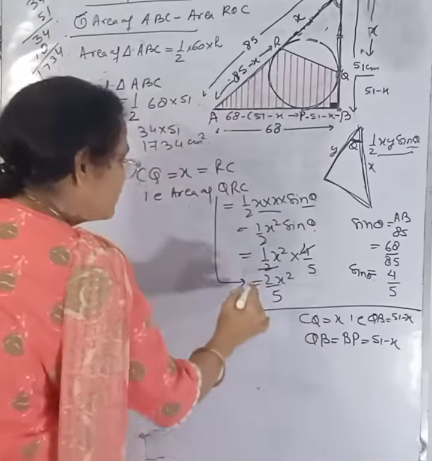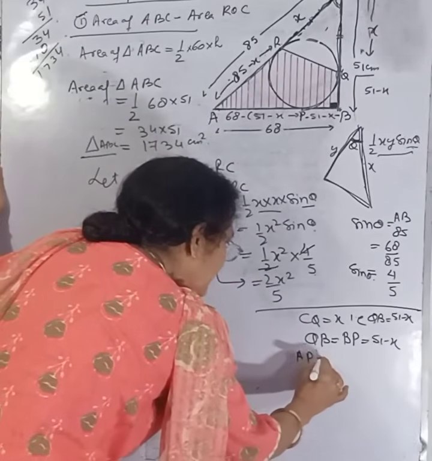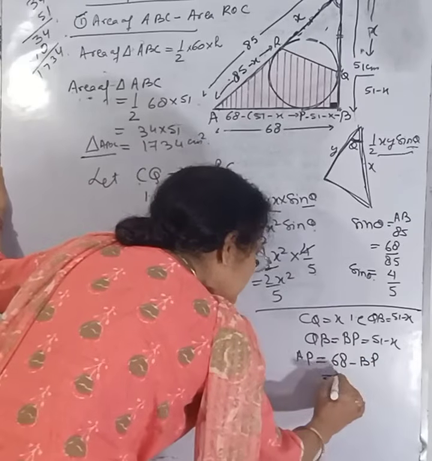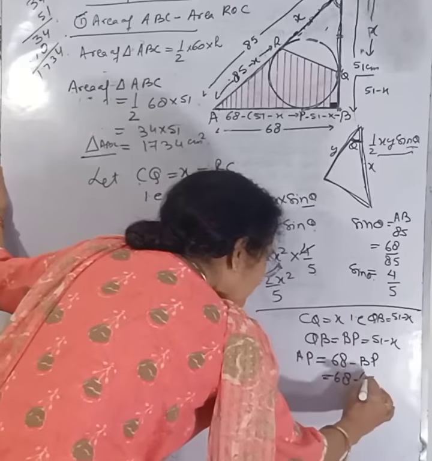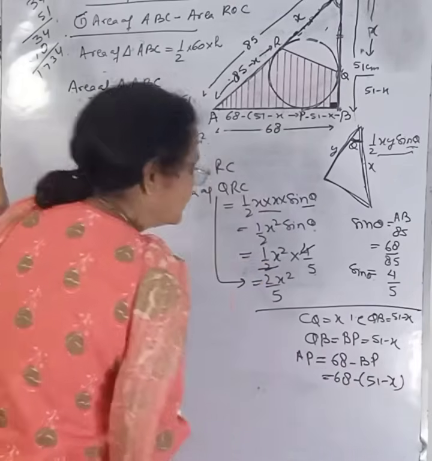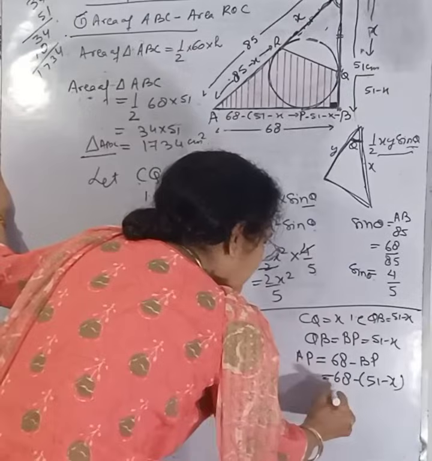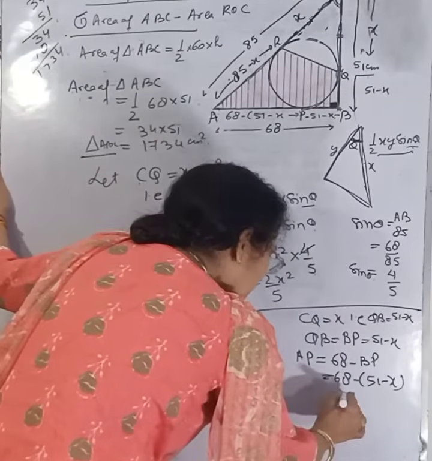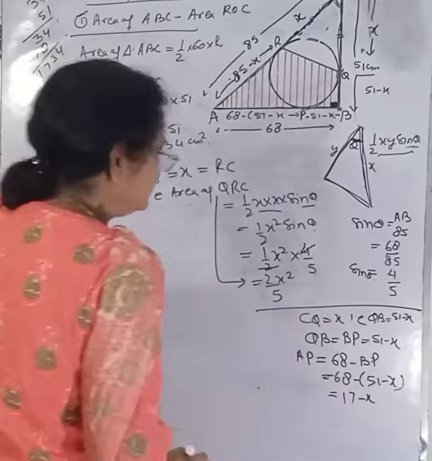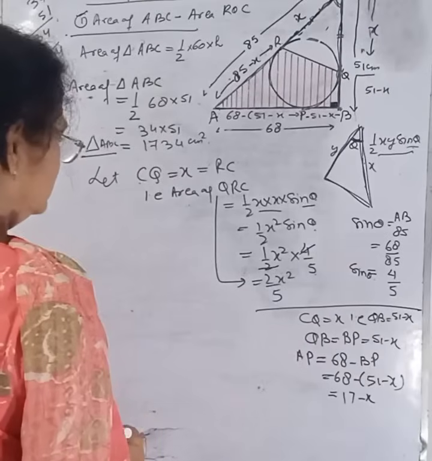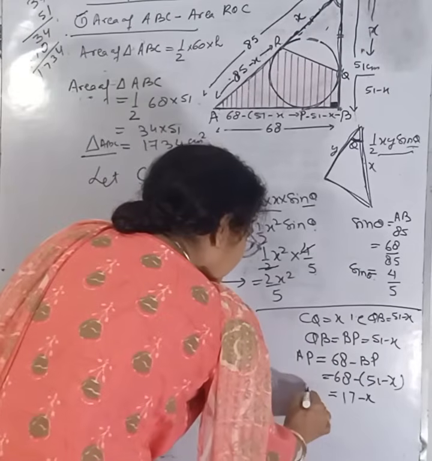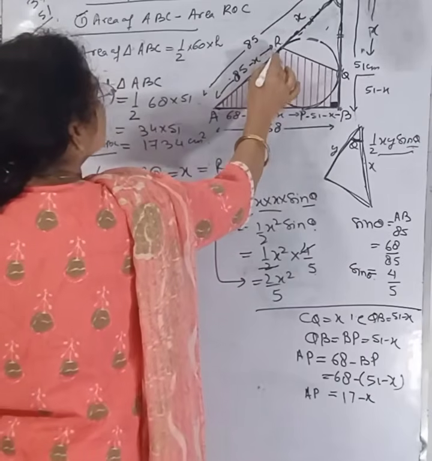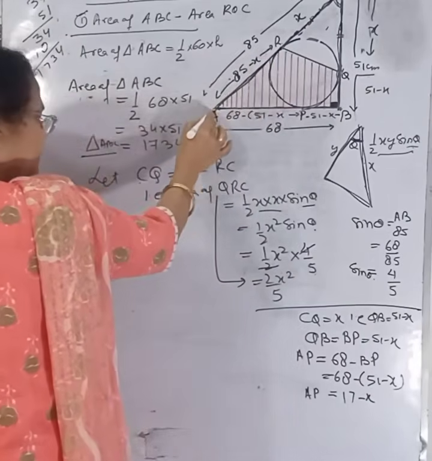It means AP will be equal to 68 minus BP, that is 68 minus (51 minus x). Or we can say this will be equal to 17 plus x. AP will be 17 minus x.